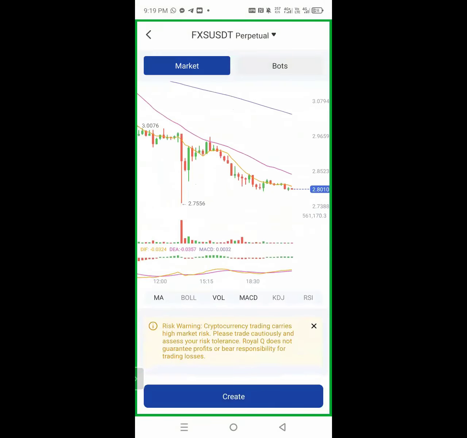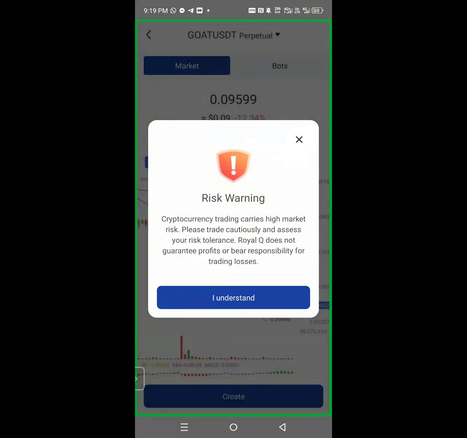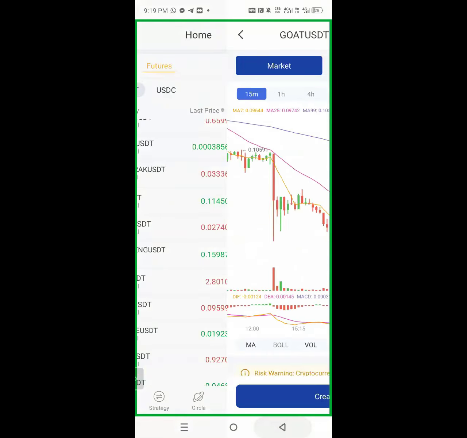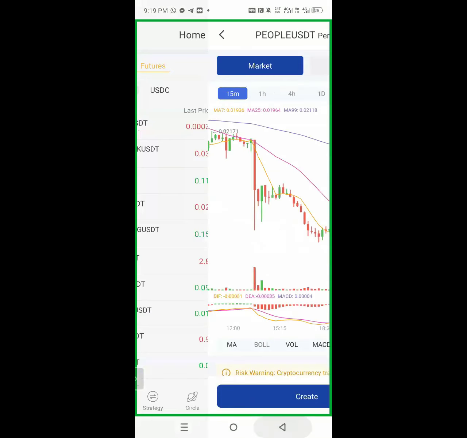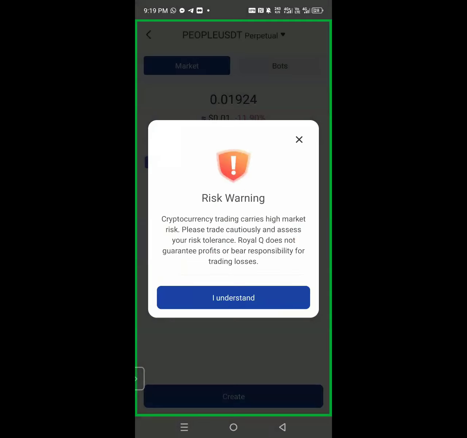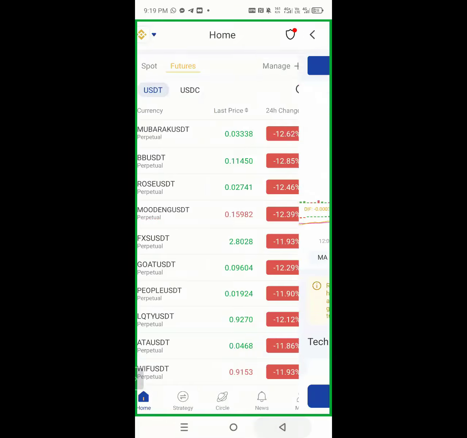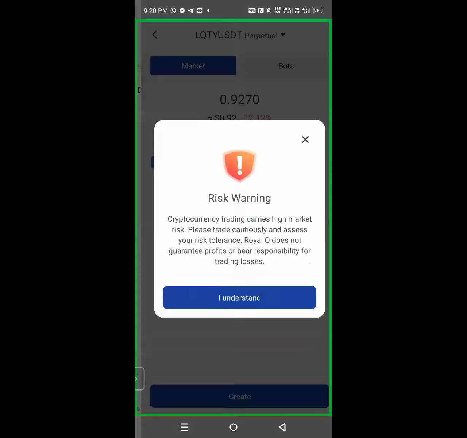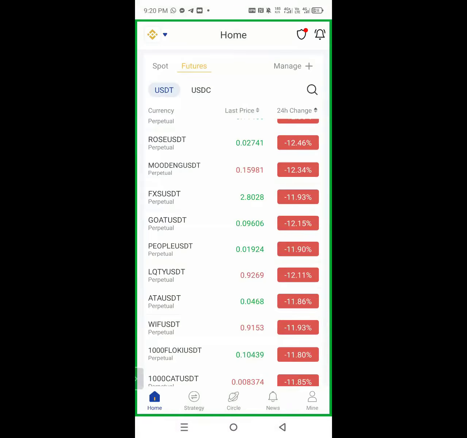You can do it anytime in your spare time. Any coin you change the margin to isolated, you can just favorite it, so that you will know that any coin that is a favorite, you have already changed to isolated.